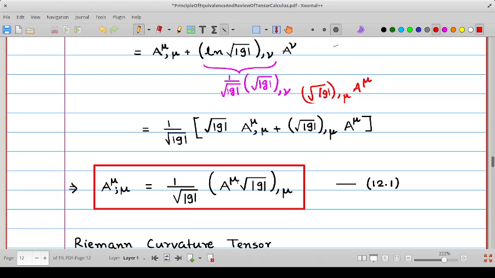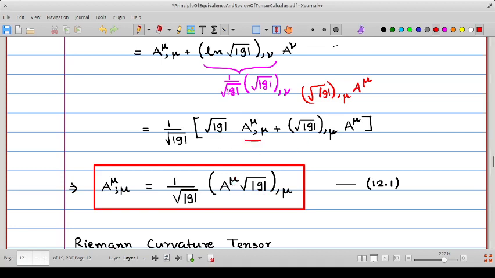But now, using the product rule of differentiation with respect to x^μ, we see that (A^μ √g),μ, the derivative with respect to x^μ of the product A^μ and √g, is simply taking √g as the second function and A^μ as the first function.